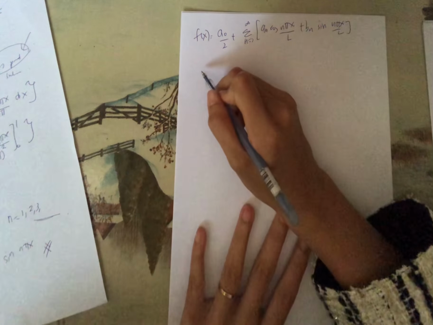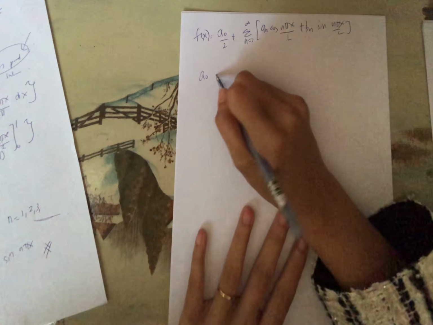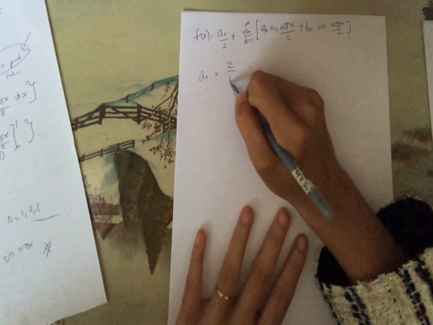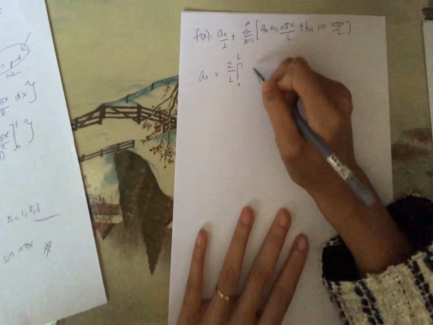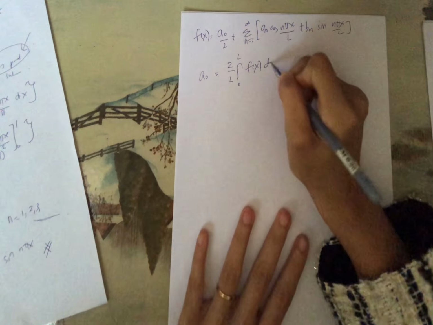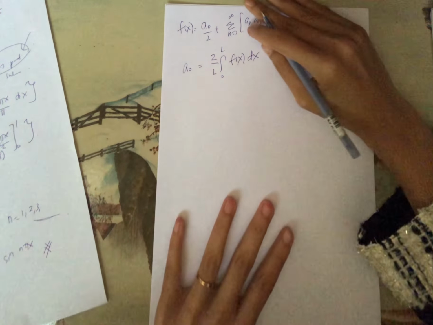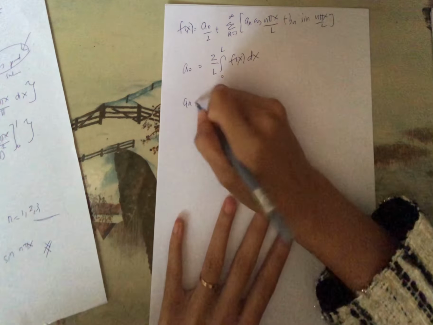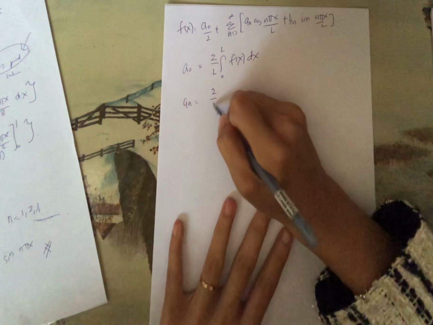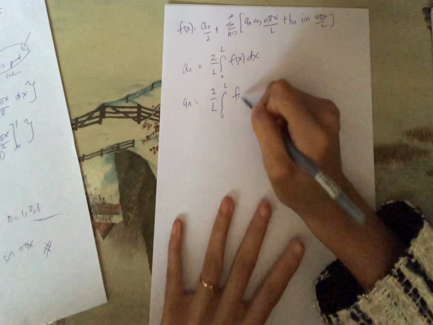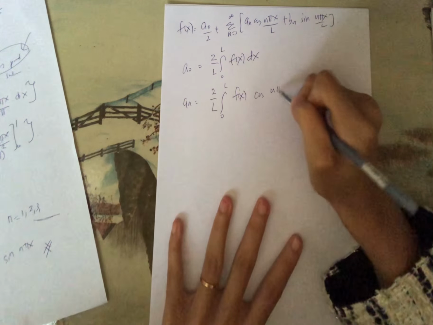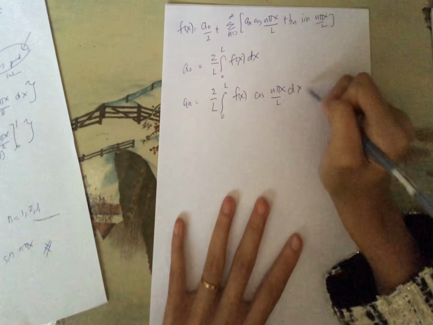The formula to get your a naught is 2 over L, integral from 0 to L of fx dx. The equation for an is 2 over L, integral from 0 to L of fx cos n pi x over L dx.